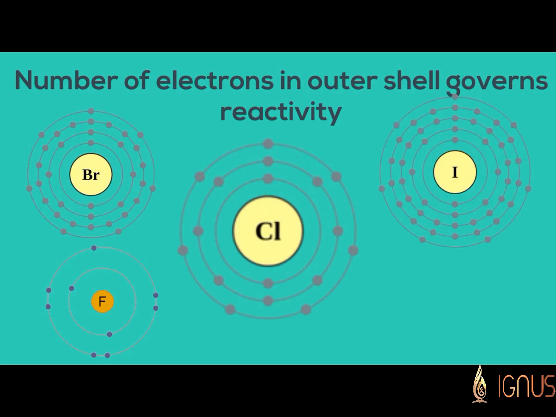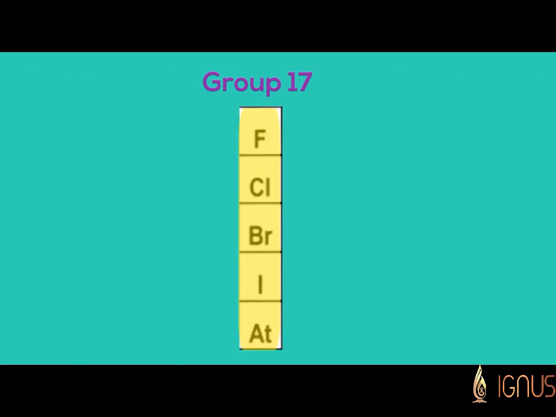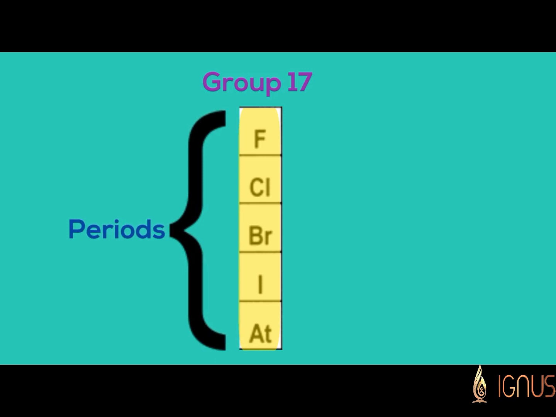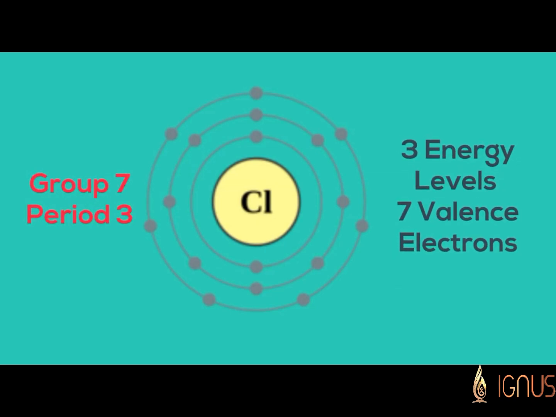For example, group 17, which has fluorine, has elements which have 7 electrons in their outermost shell. If you observe, each of these elements is present in a different period. So if you take chlorine, which is present in group 17 and period 3, it has 3 shells corresponding to period 3 and 7 electrons in its outermost shell.